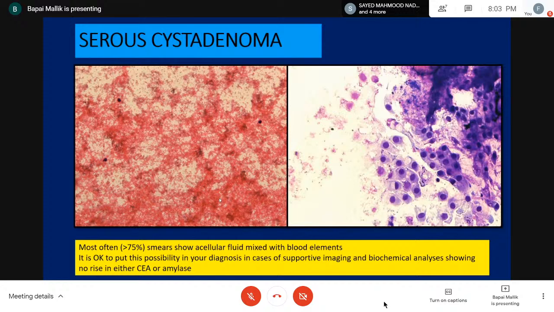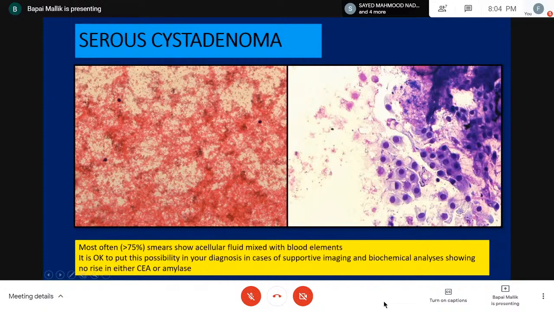Most often, in more than 75 or 80% of the cases, you are not going to see the epithelial cells that you expect to find, which you are seeing on the right slide, which are these rounded cuboidal epithelial cells, which actually contain glycogen if you do a PAS with and without diastase. So the cells of serous cystadenomas are usually not present.